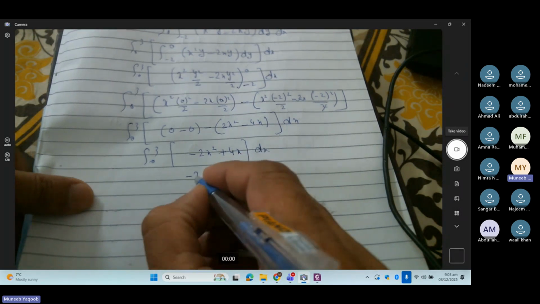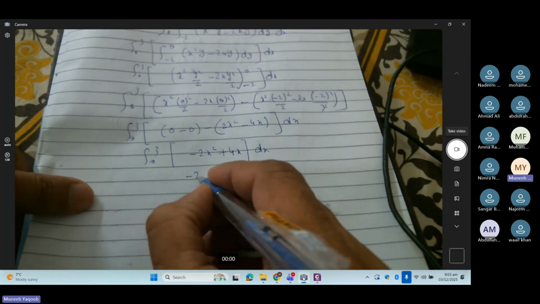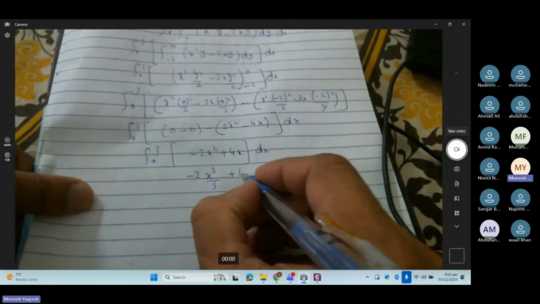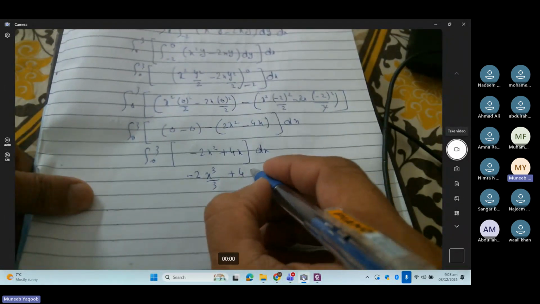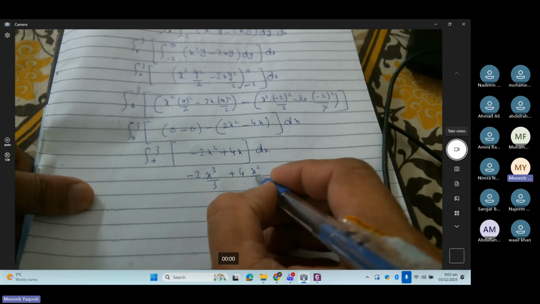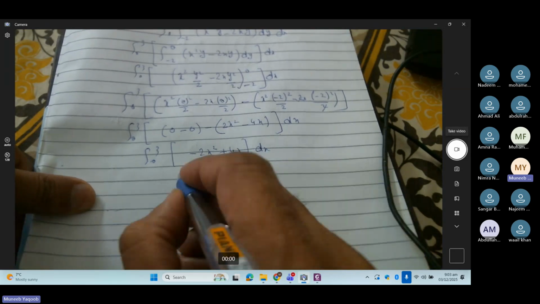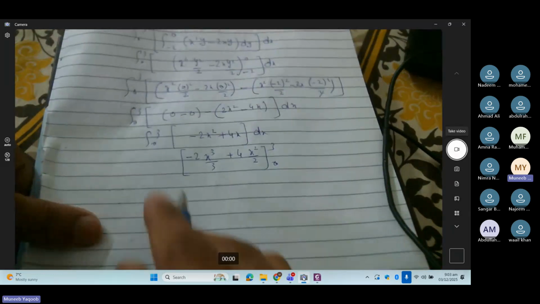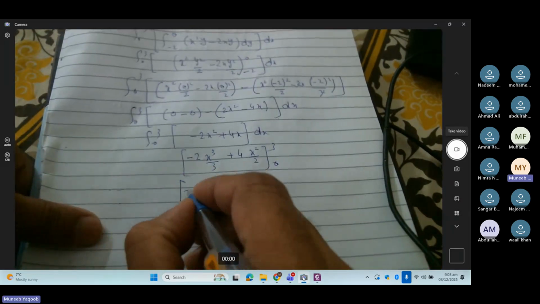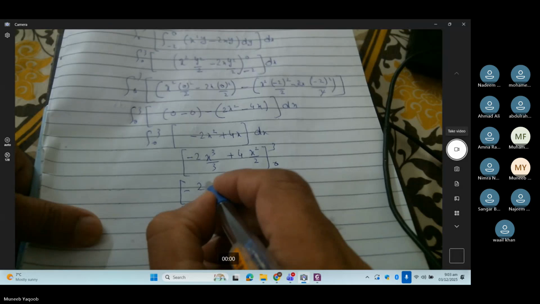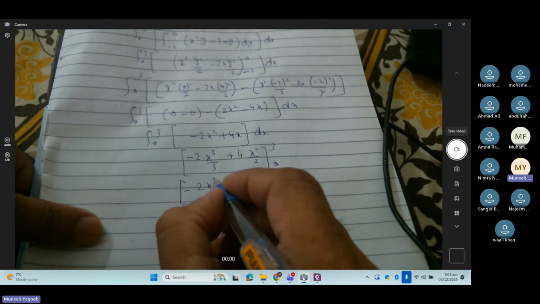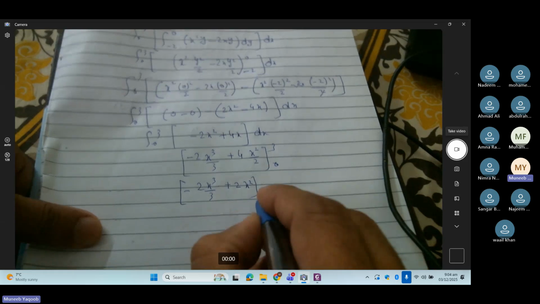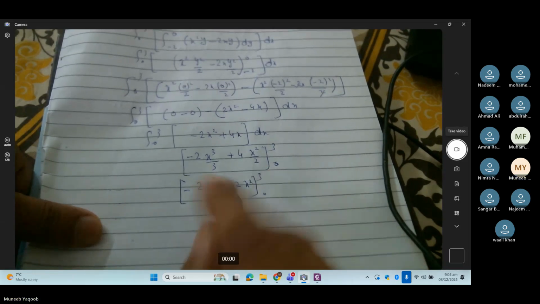So minus 2 is common. Integral of x square is x cube upon 3. Similarly, 4 is common. Integral of x is x square upon 2. And then we will apply the limits of x. Now it is minus 2 x cube upon 3 plus 2 times x square, and then we will apply the limits.